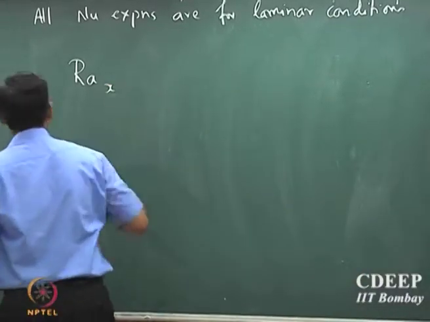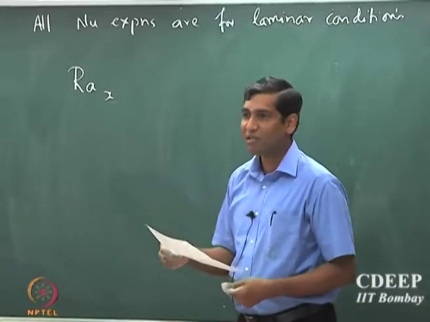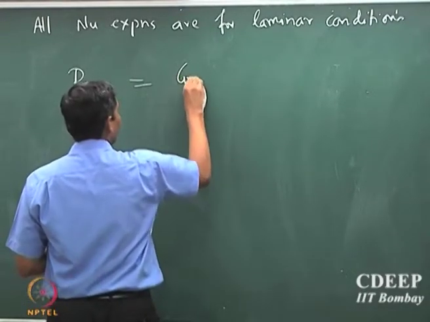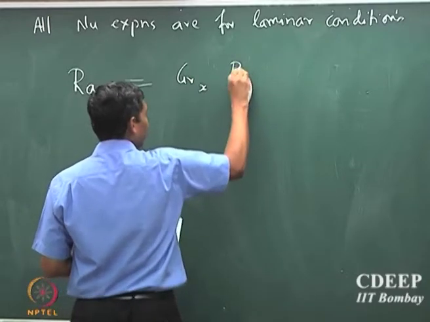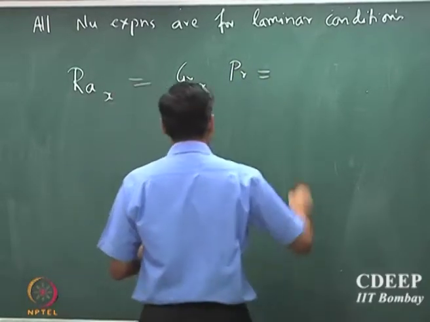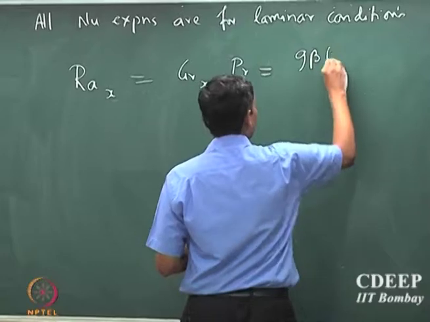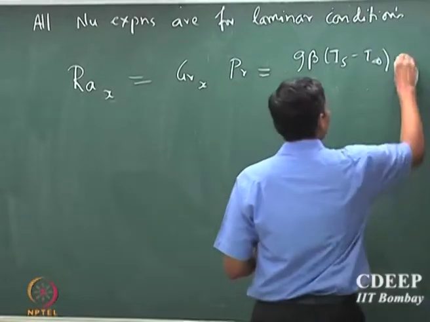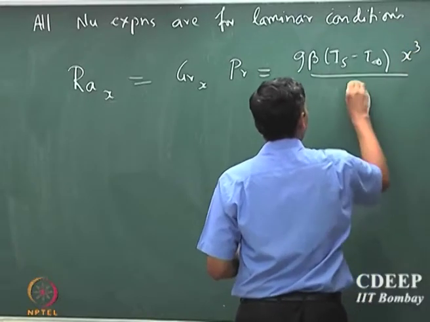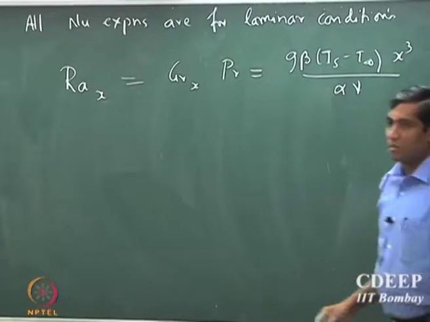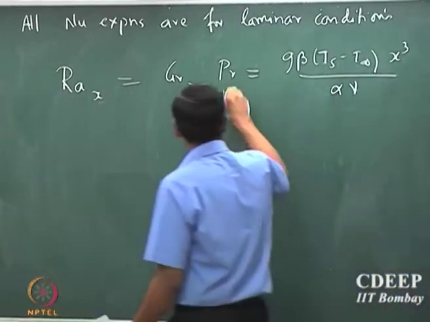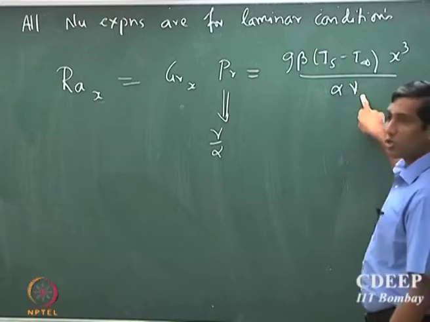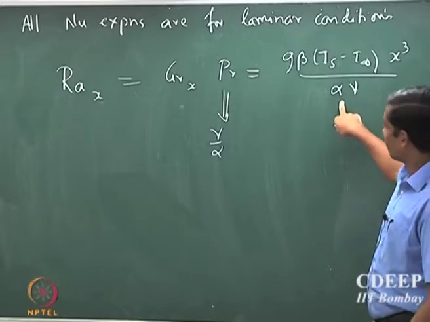We define the Rayleigh number based on the length, which is the product of the Grashof number based on the length multiplied by the Prandtl number, and that is given by g beta Ts minus T infinity into x cube by alpha into nu. Remember the Prandtl number is nu by alpha. I multiply it by the Grashof number, so the nu square cancels off and you get an alpha here.